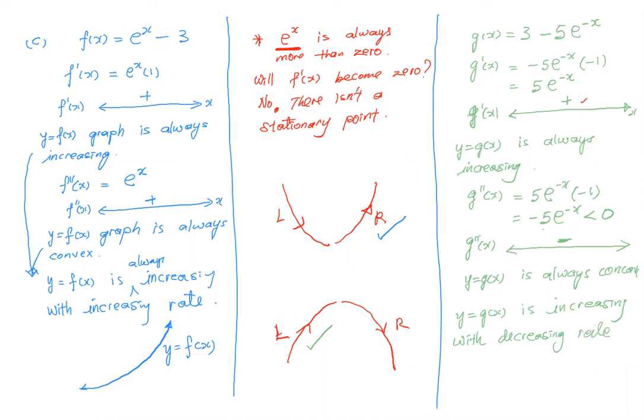In the exam, we can ask you to state the range of the value of x whereby g(x) is increasing with decreasing rate. We can have this kind of statement. So the g(x) graph will look like this. That's why it tends to have an upper limit, because it is increasing with decreasing rate, but the rate never becomes 0.